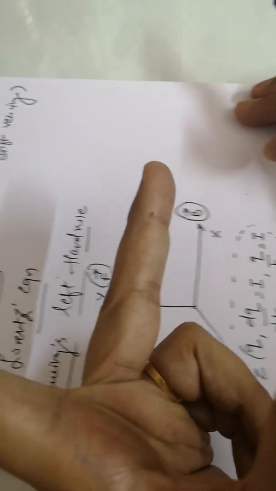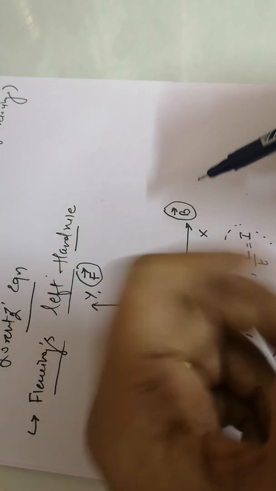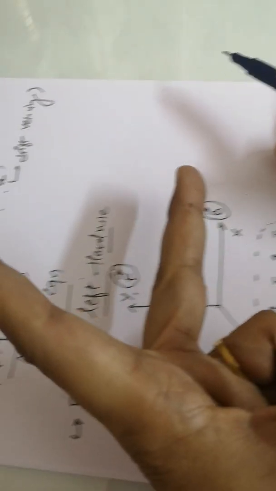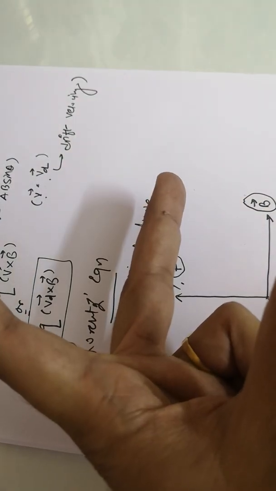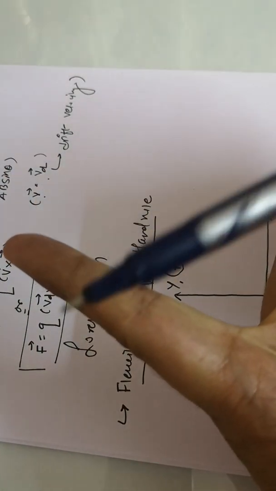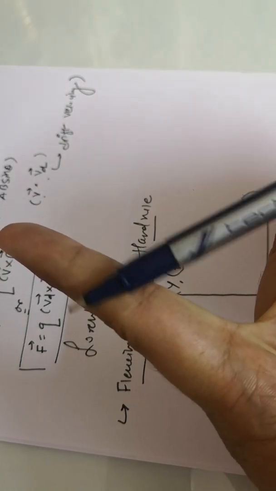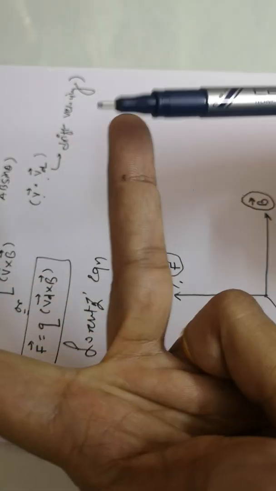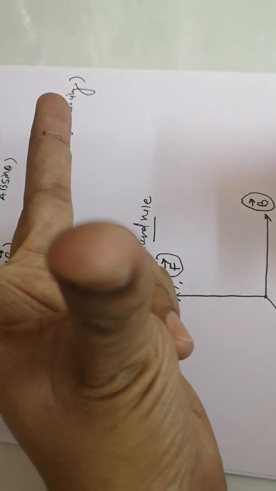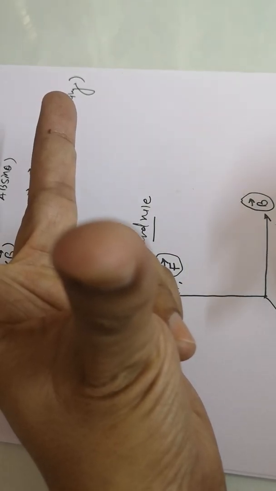Our second finger, the middle finger, indicates our magnetic field B, while the direction of the thumb gives us the direction of the charge, or the flow of the current. Here the force is the electric force, or you can say magnetic force, and B is the magnetic field.